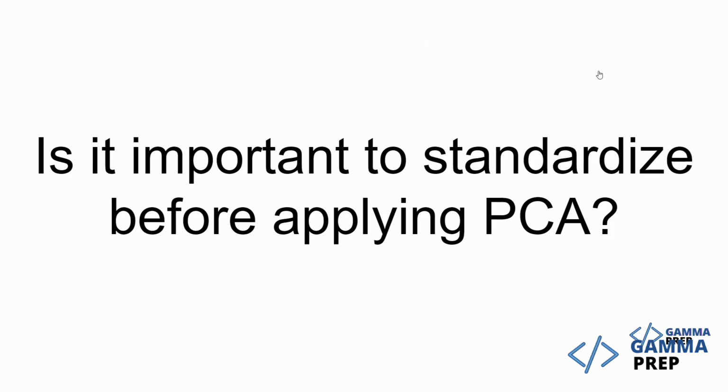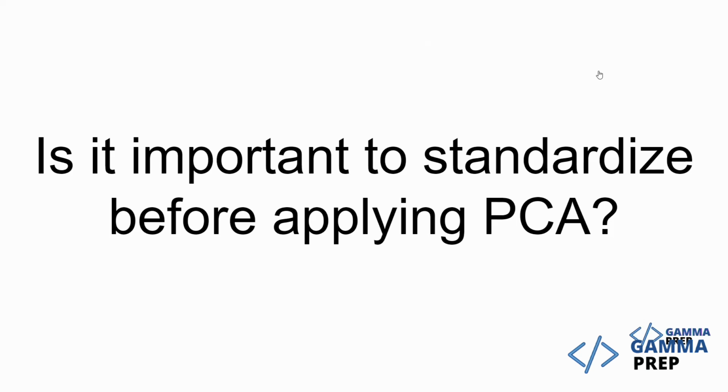So is it important to standardize before applying PCA? Yes, it is very, very important because PCA finds new directions based on the covariance matrix, right? And since the covariance matrix is sensitive to the scale of variables, we need to do standardization.